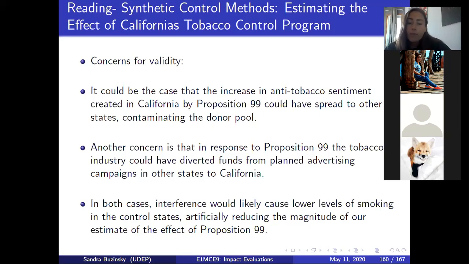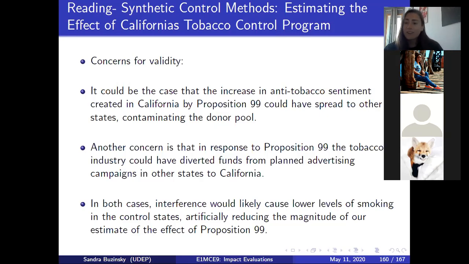So when we look at the treatment effect, it's smaller than it actually would be. On the other hand, maybe we overestimate the treatment effect if, as we said earlier, everyone who smokes in California is now going to control states to buy their cigarettes, right? That would be an increase in cigarette sales for the control group, so that would really bias our estimates. Those are both different types of spillovers that might affect the authors' estimation.